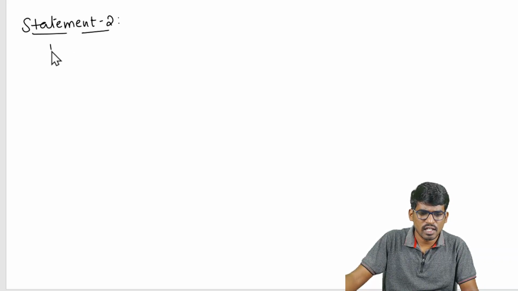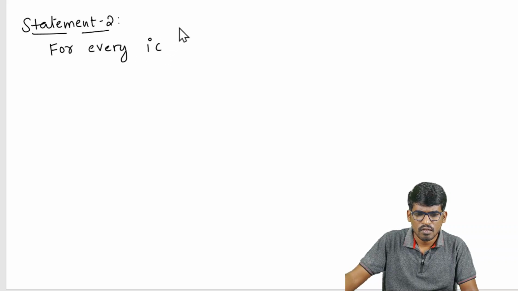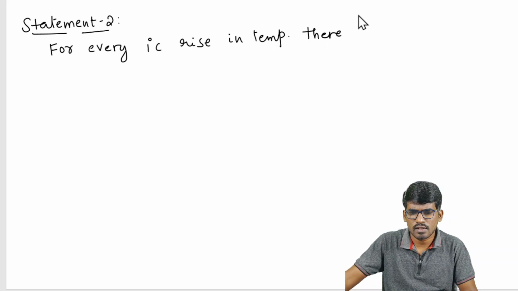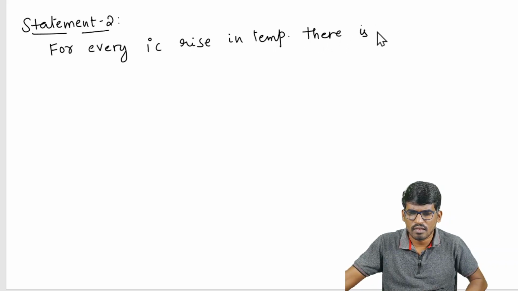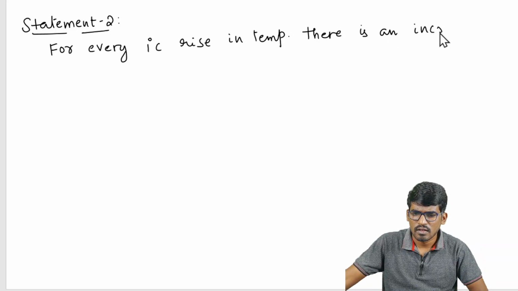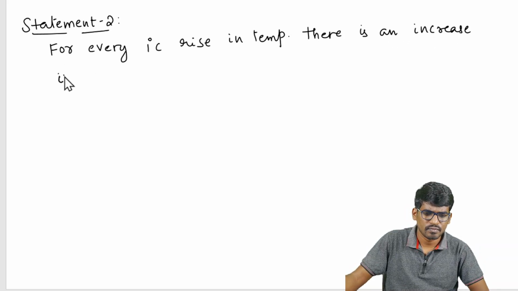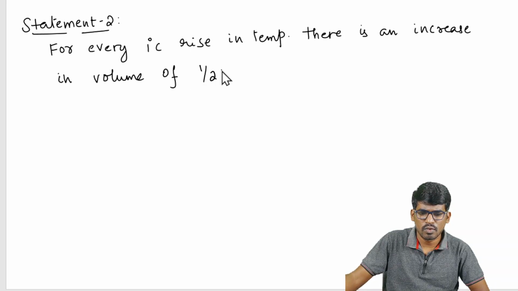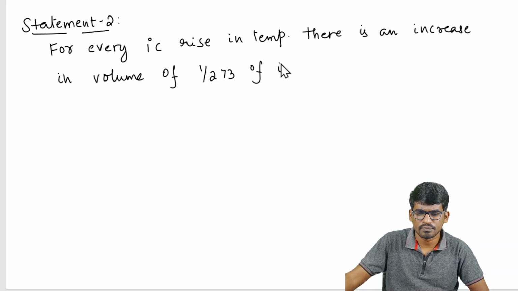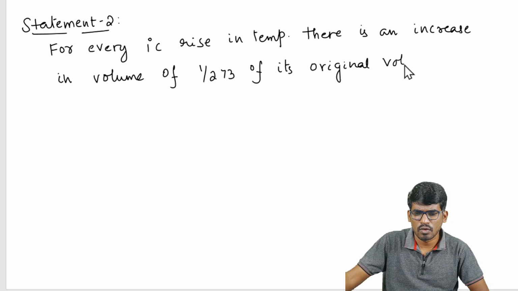Charles' law's second statement is: for every 1 degree centigrade rise in temperature, there is an increase in volume of 1 by 273 of its original volume.